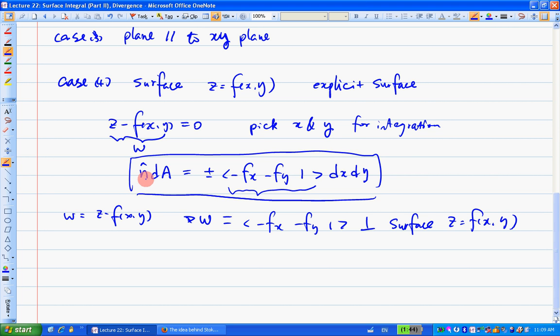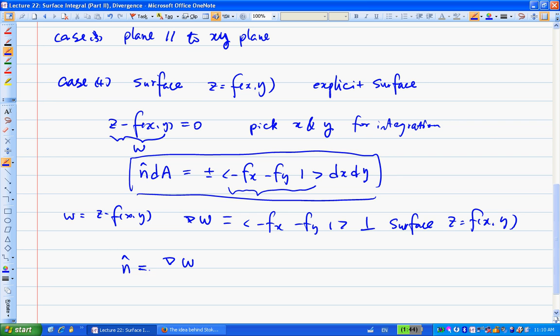Usually, we're going to choose the so-called upward direction. Basically, we choose this positive one here. Now, del W is this. So this portion is del W. But you need to be careful. The del W is not n hat. Okay, the del W is not n hat.